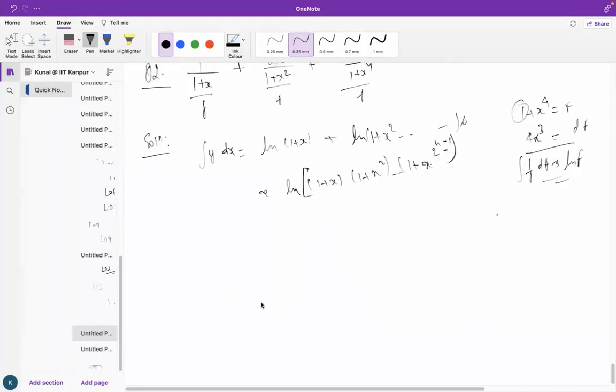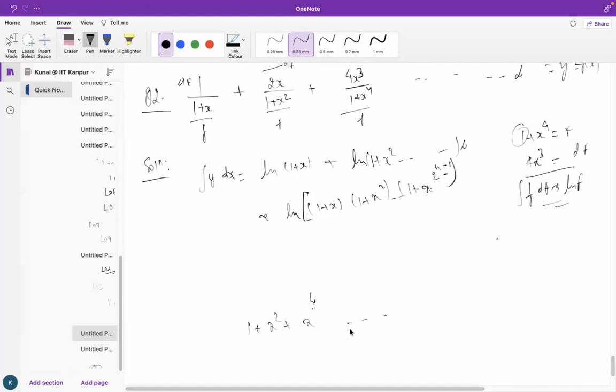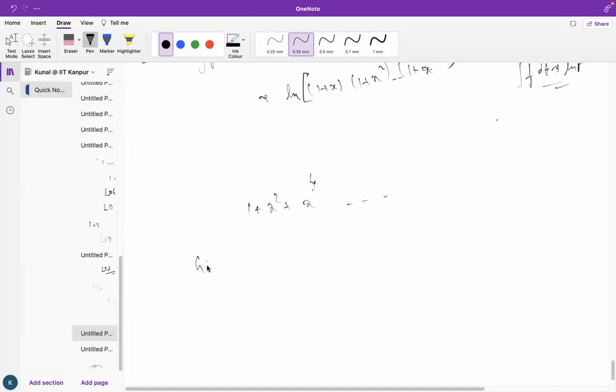Look here, there will be like 1 plus x square plus x cube, right? x to the power 4. So this is a GP, geometric progression of infinite terms, जहां पे क्या है, our common ratio is x square and it's going up to infinity.